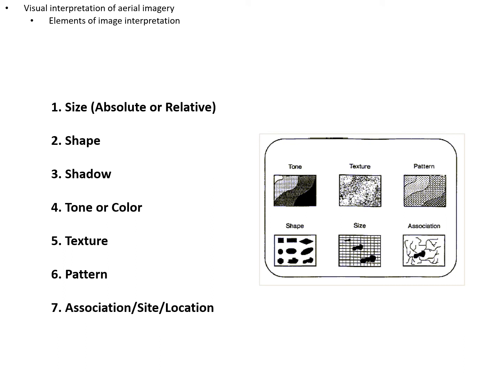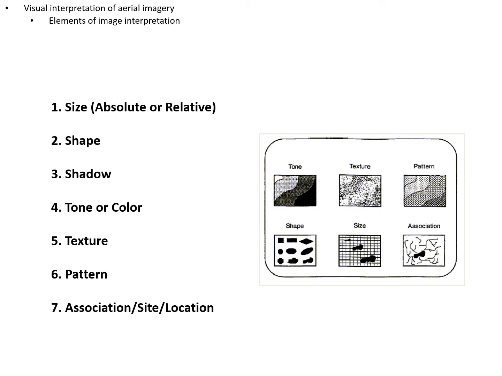We use 7 principles or elements of image interpretation, and we will cover these in the next lecture. But just as a beginning, we look at the size of objects, either their absolute size or their size relative to other things. We look at their shape.